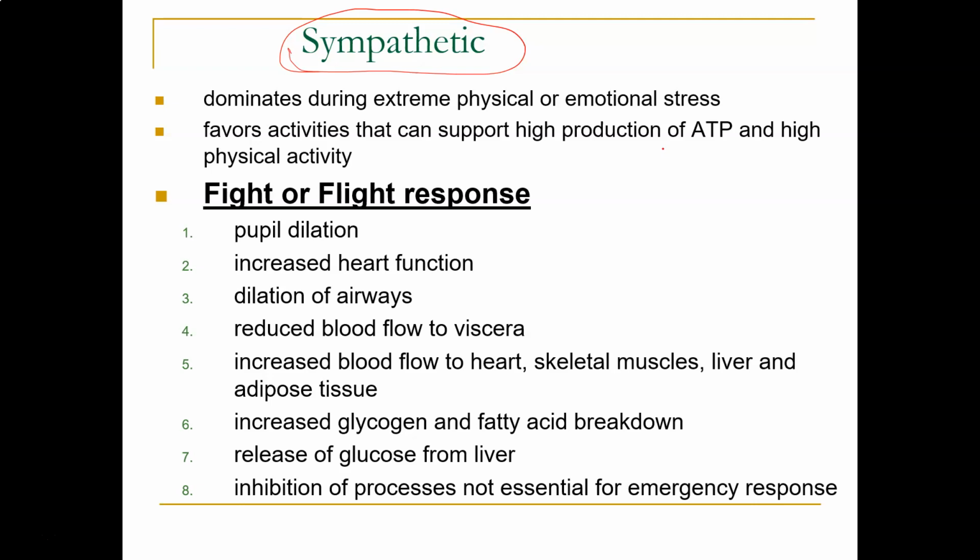So you're just flooding your body with action potentials going down all of these axons to all these different targets: your digestive tract, your muscles, your heart, your lungs, and so on. We call that the fight or flight response. The fight or flight response is mediated by the sympathetic branch of the autonomic nervous system. It's the sympathetic fibers that are bringing it about.